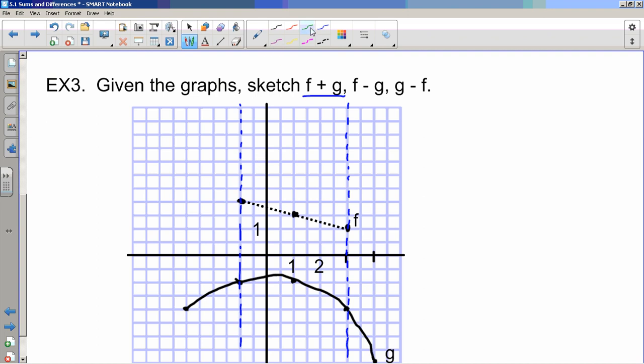Now how do I do this? Well, I'm going to use green for that one, red for this one, Christmas colors, right? F plus G, and then there is my point on this. This is going to be the sum function.